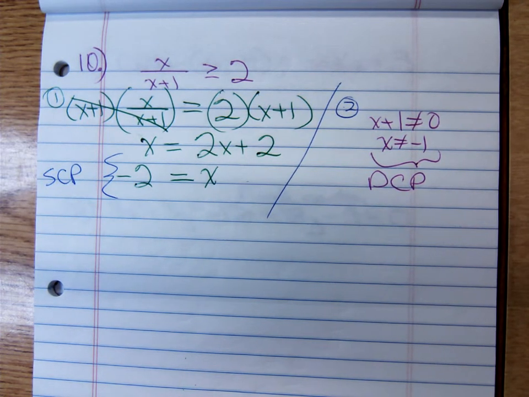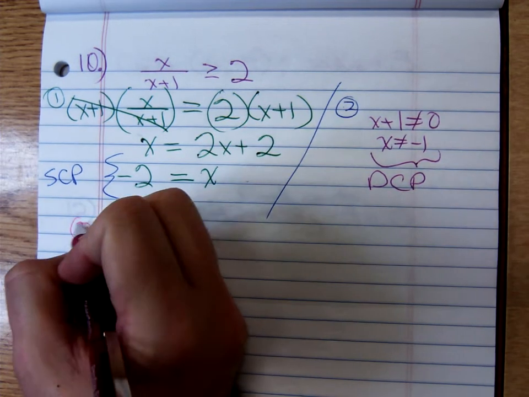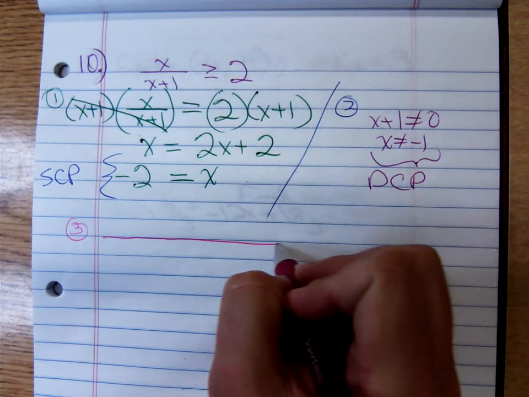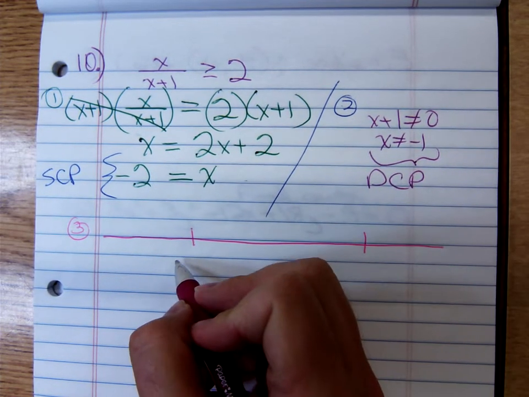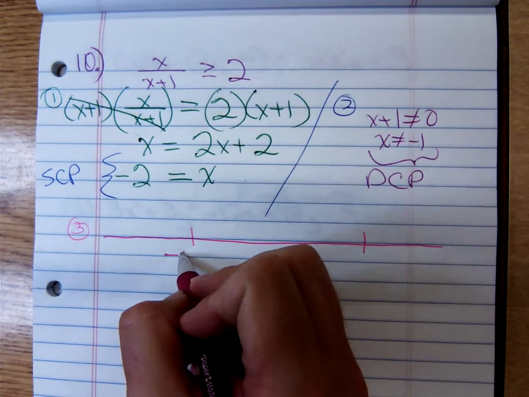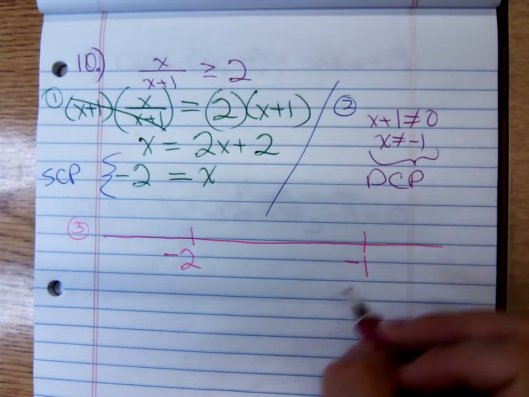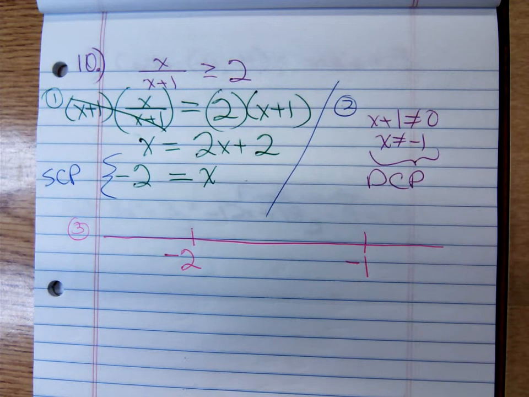Okay, I draw my number line. What goes first here? Negative 2, and then negative 1. One of these cut points is labeled open, one of them is shaded. Which one is open? Negative 1.